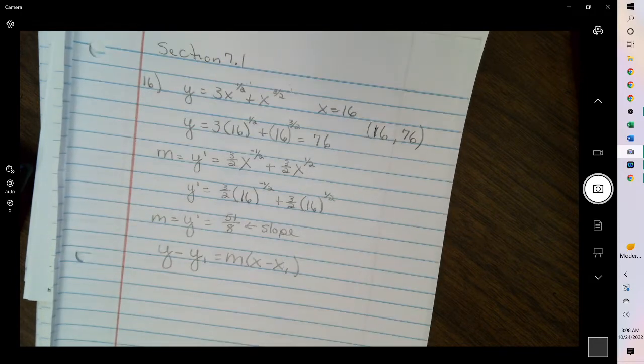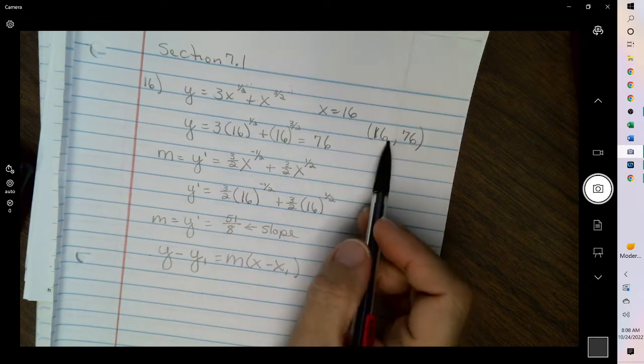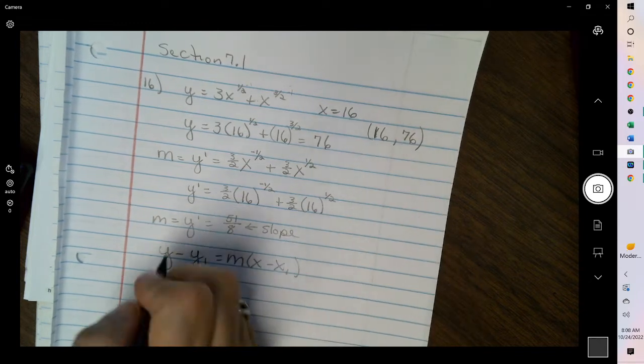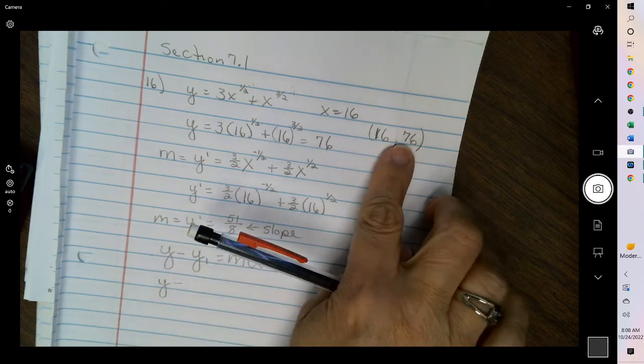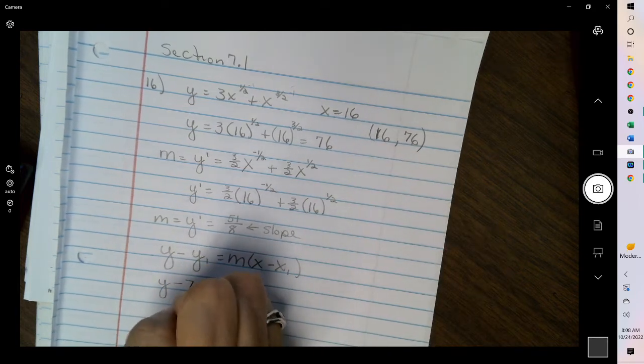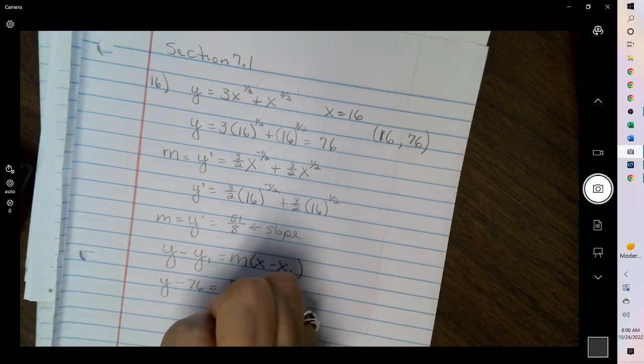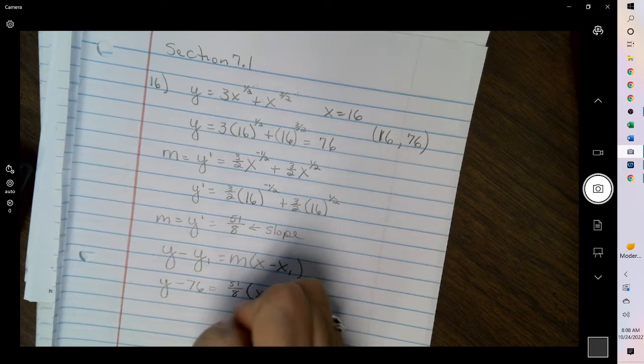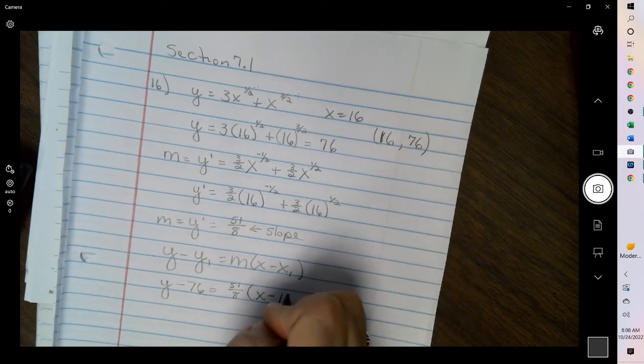Then we use this to find the equation of the line. This is our point, this is our slope. So y minus 76 equals 51/8 times x minus 16.